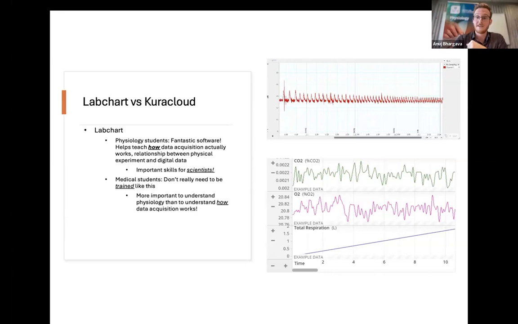So in recent years, we've started using the Kura Cloud browser-based data management program through LT for our medical students. Now, in this system, we can actually set up all of the acquisition settings behind the scenes before the lab, as well as things like automatic data presentation or graphing sections, for example, which allows our medical students to focus on the content that they're learning about, rather than getting bogged down in the process of how they got their data onto the screen.